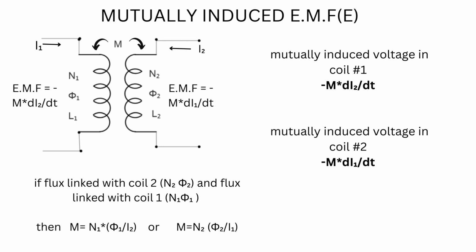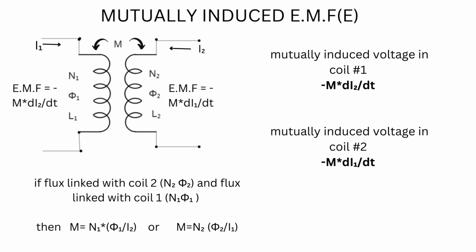Let's see the mutually induced EMF. Let's get a formula for mutually induced EMF, which is minus M into di2 by dt in coil 1, and in coil 2 is minus M into di1 by dt, and both are equal because the mutual inductance in both is the same. So the formula is M equal to N1 into phi1 divided by I2, or M equal to N2 into phi2 divided by I1.